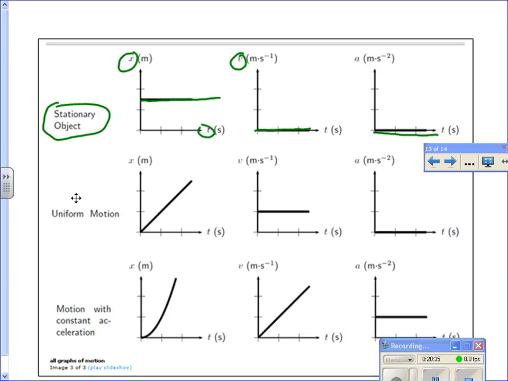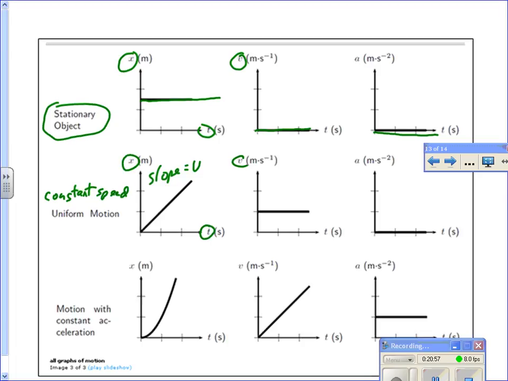If we're going at a constant speed, that means our change in speed is the same over all this stuff. We'll have a straight line, so we have a slope, and our slope tells us our speed, if it's distance over time.